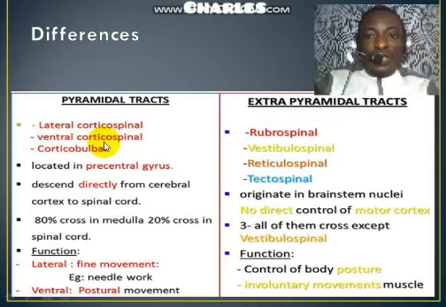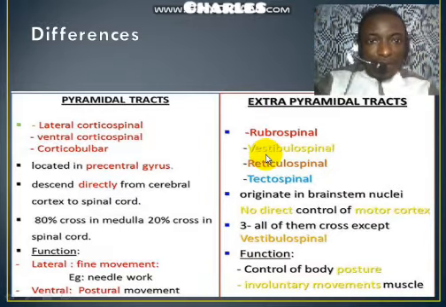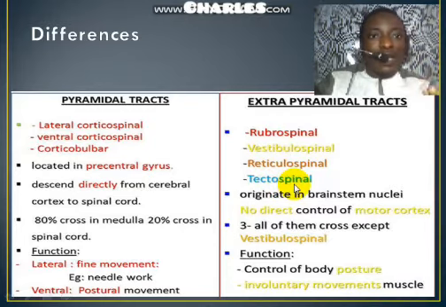The second one is the ventral corticospinal tract. And then the last one is the corticobulbar tract. Whereas for the extrapyramidal tracts, there are many of them, but there are four major ones. These are the rubrospinal tract, the vestibulospinal, the reticulospinal, and the tectospinal tract. These are the main tracts of the extrapyramidal system.